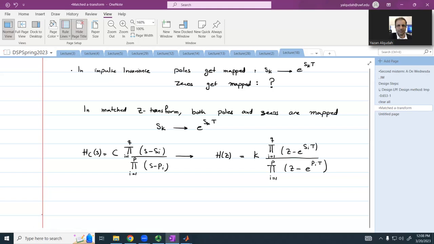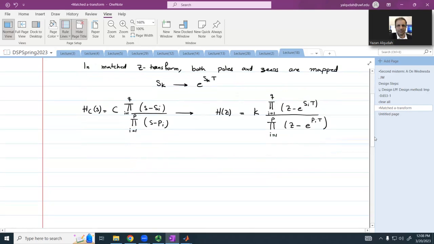Okay, so if I have complex conjugate roots, whether they're poles or zeros, they're going to give me complex conjugate roots.